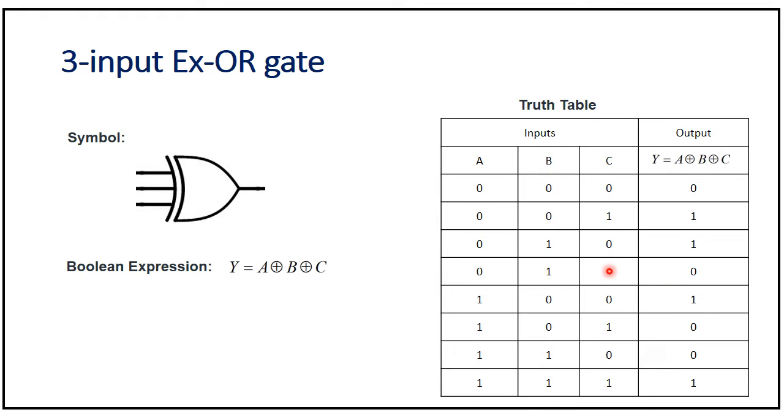See, here even number of 1s are there, so your output is 0. Here even number of 1s are there, hence output is 0. Again, here even number of 1s are there, so output is 0. Now see, A is 1, B is 1, C is 1, so your output is 1. So keep in mind, if odd number of 1s are there, then your output will be 1. If even number of 1s are there, then your output will be 0 in the case of 3 input XOR gate.